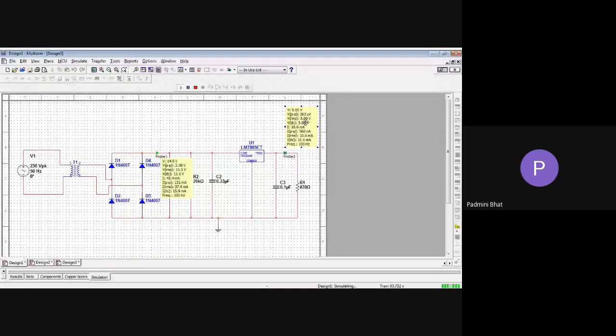Now who will answer again? Namrata, come online. You are listening to the class, right? Do you find any disadvantage of the regulator? No?